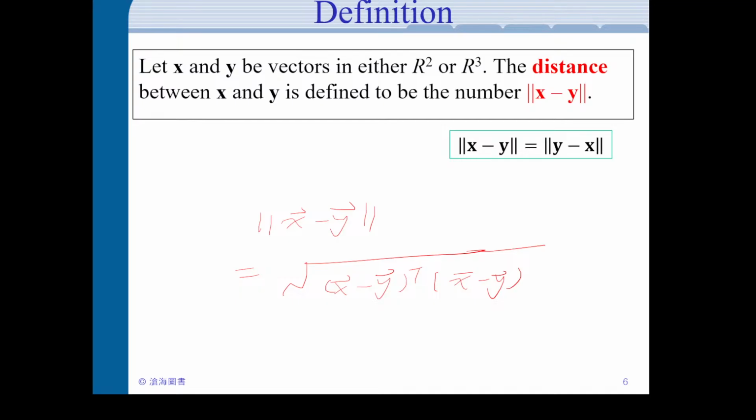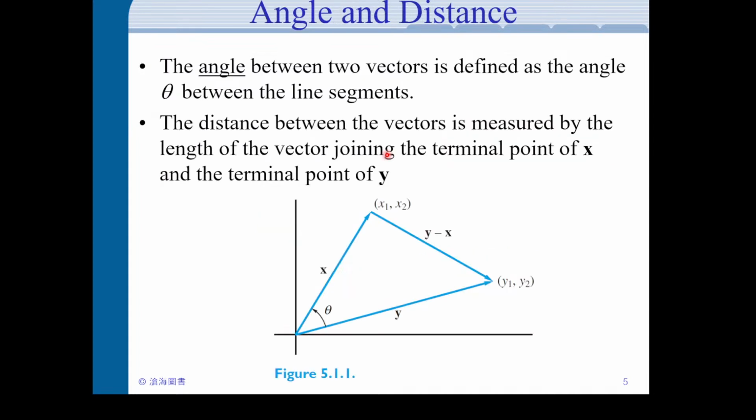Also, something you can derive very easily is that x and y are symmetric here. So the length of x minus y, which is the length of this vector, from here to here, sorry, this is y minus x, should equal the length of y minus x. Whether the vector goes in this direction or this direction, it should have the same length geometrically.